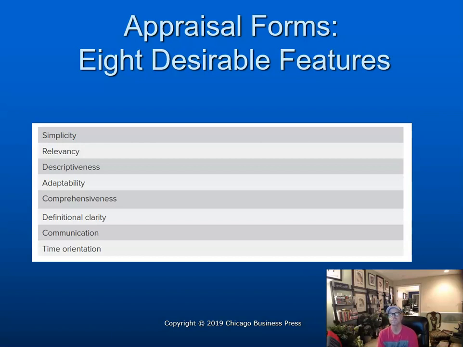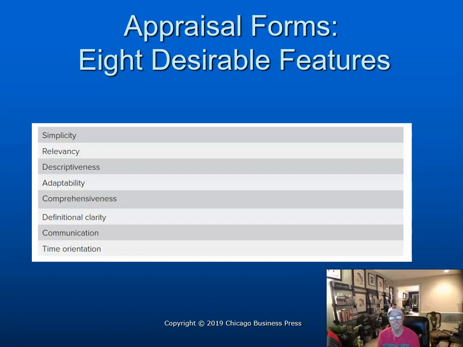I've seen some organizations that I've consulted with whose form is anywhere from 3 to 5 pages, requires quite a bit of narrative, of writing on behalf of the supervisor. It's no wonder that either the form is not done or is not done properly. It's also no wonder that so many supervisors want to avoid that process. It's not one that they relish because of the amount of time that it takes.